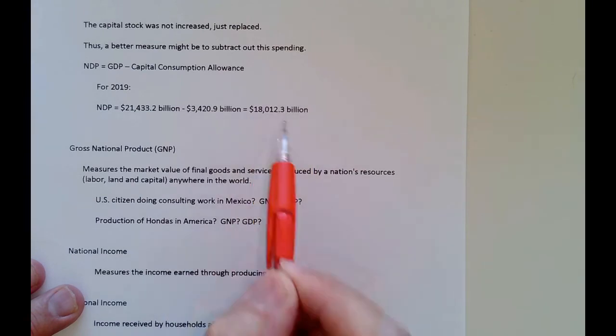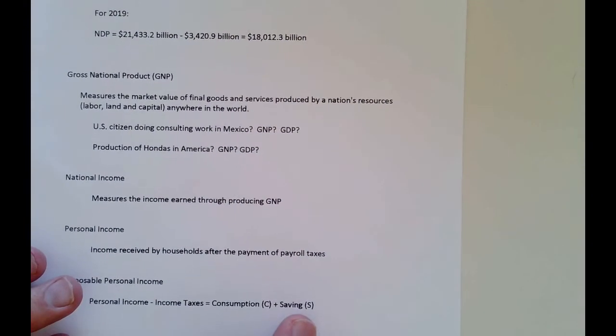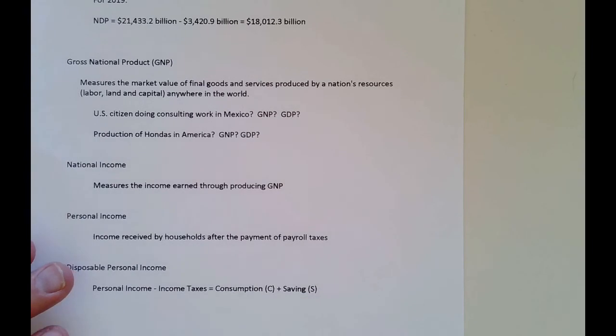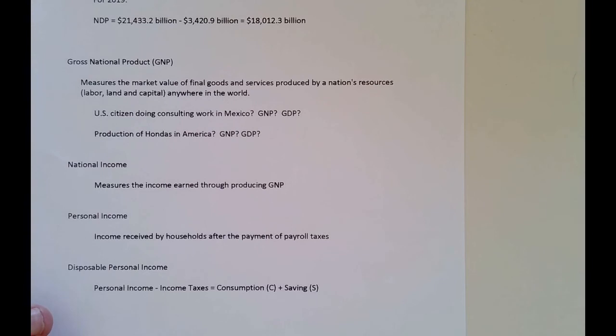Then we have another measurement known as gross national product, and if you look at old books, old publications, old newsreels, I gave you data on the Great Depression that used gross national product. This was the main measurement we had up until I think about the early 1990s, and we still do collect data on it. It simply is not the one that gets most of the media play.